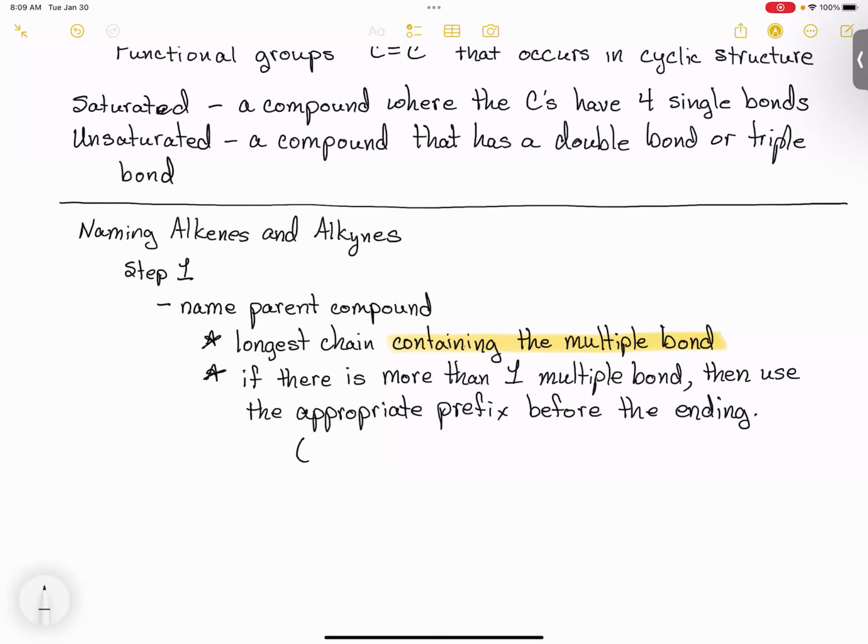So in other words, if it's 2, then it would be a di as the prefix. If it's 3, it would be a tri as the prefix.